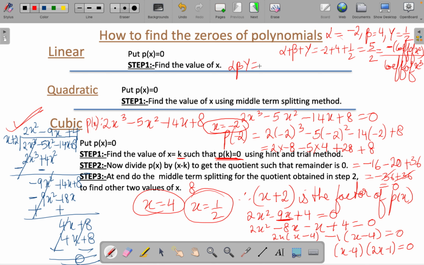Now let's find out alpha into beta into gamma. So -2 into 4 into 1/2. इसकी value क्या आएगी, -4। अब check करो -4 कहीं नहीं है, तो इसको कैसे लिख सकते हैं? Can I write it as minus of -8 upon 2, sorry, +8 upon 2, so can I say it is minus constant term upon coefficient of x cube, right?